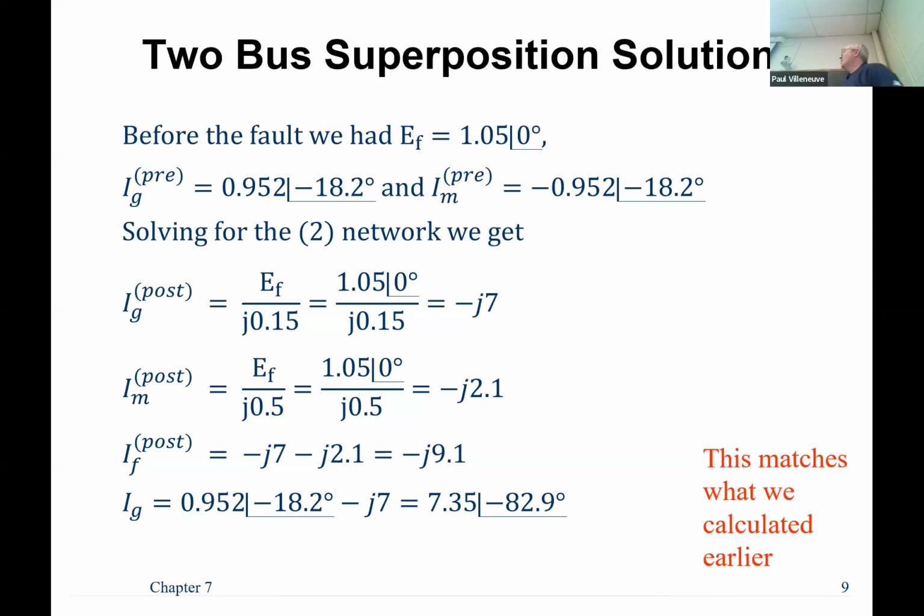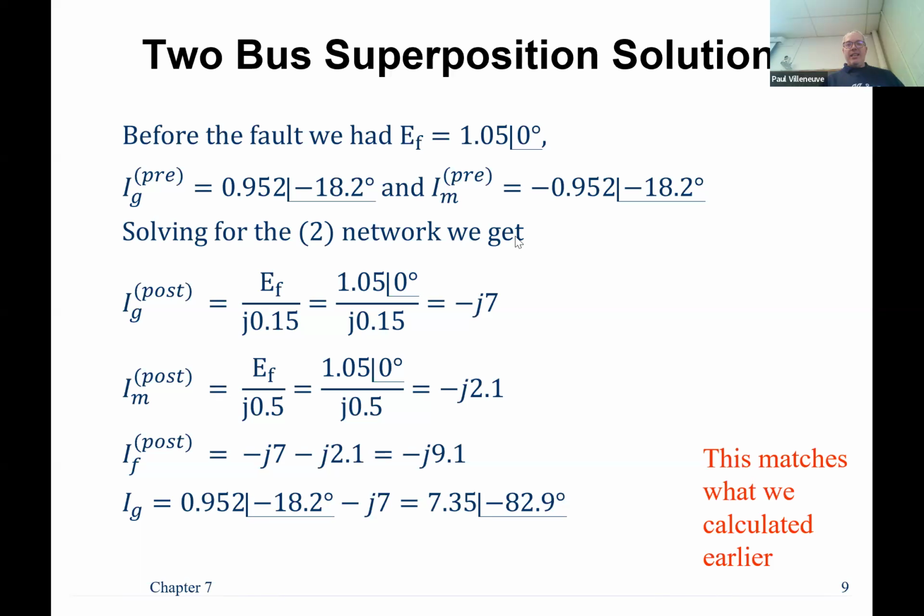So you can see what my current is going to be to the fault: 1.04 divided by 0.15, that's negative J7. And then I do the same thing for the motor post-fault: 1.04 at an angle of 0 divided by J2.1. My post-fault current equals negative J9.1.